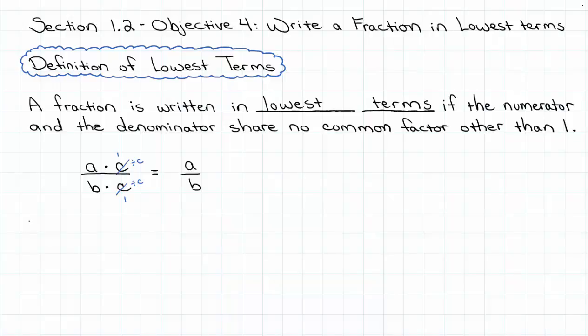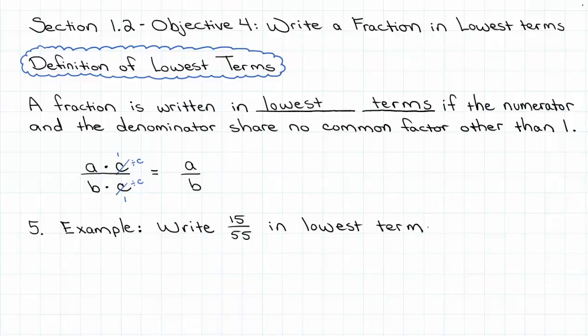All right, let's do an example. We are going to write 15 over 55 in lowest terms. In order to do that, we are going to factor out the 15 and factor out the 55.